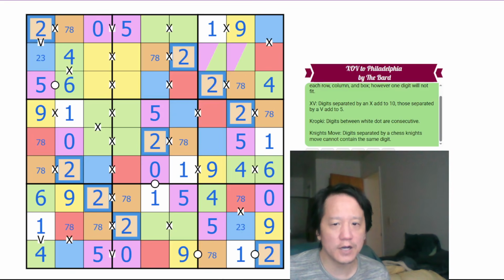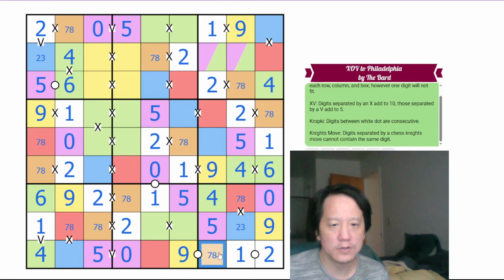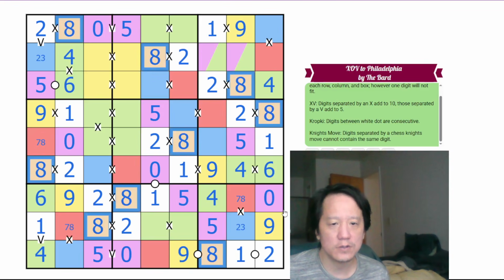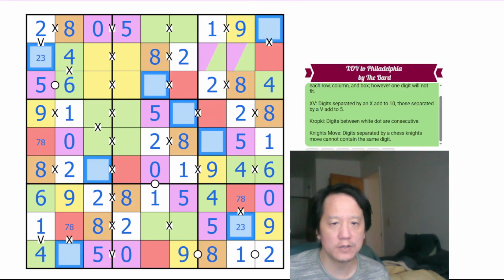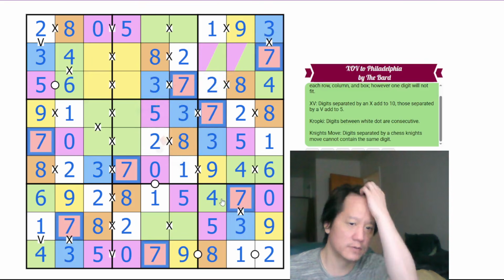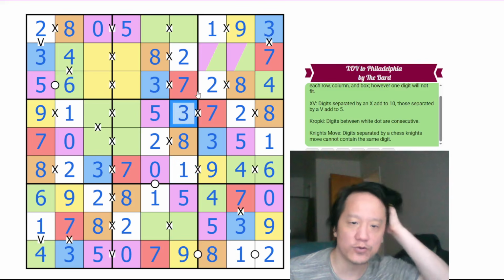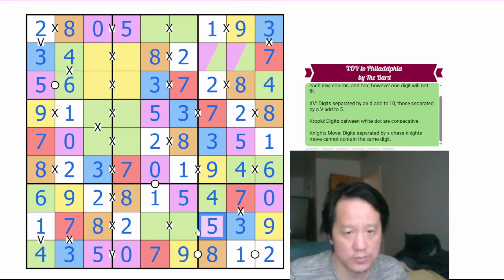And the orange high has to be 8. That leaves blue as 3 and red as 7. And the rest we can do from normal Sudoku.